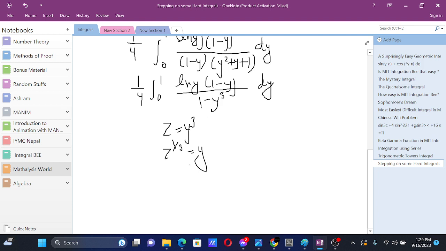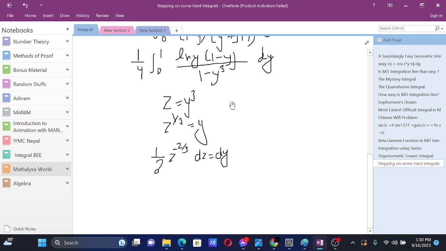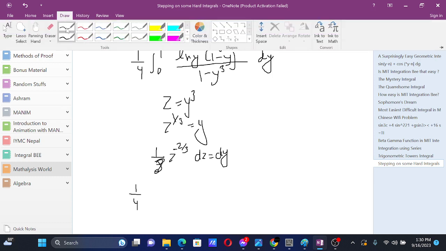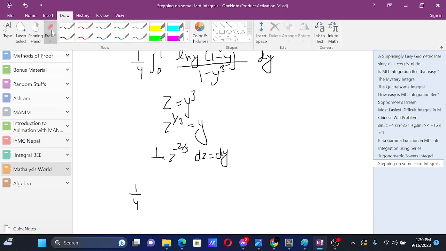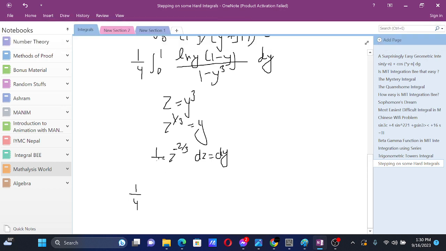So it's 1 by 3 z to the power minus 2 by 3 dz equals dy, and then this will be equal to, into 1 by 4. This is actually 1 by 3. I can erase and write this. Yes, it's 1 by 3.